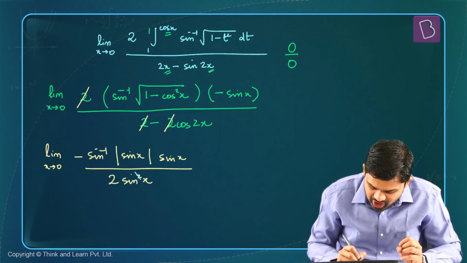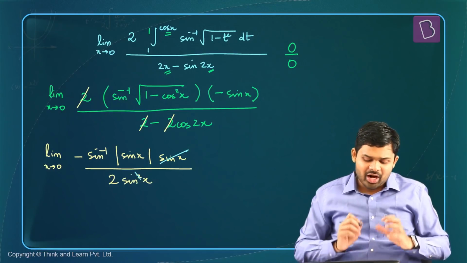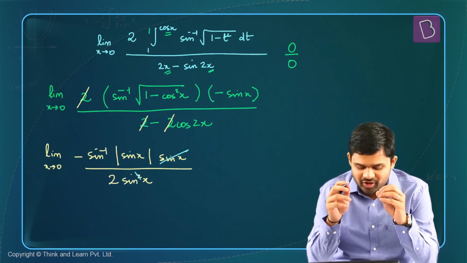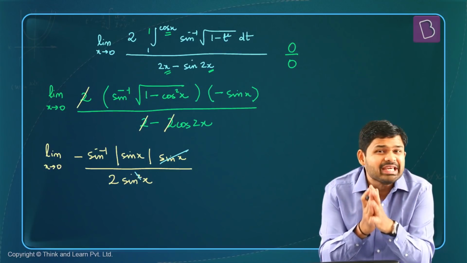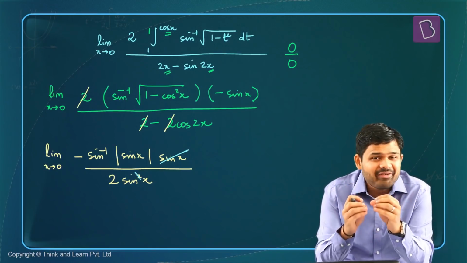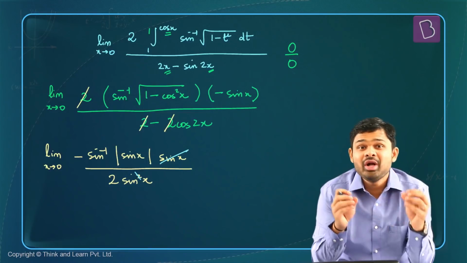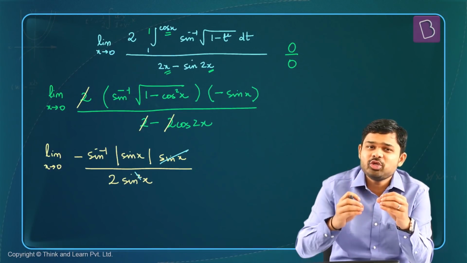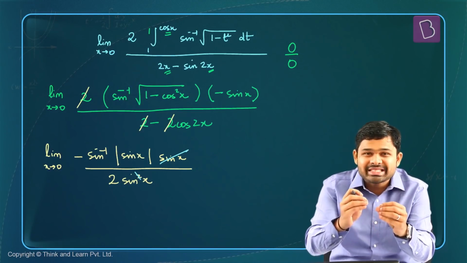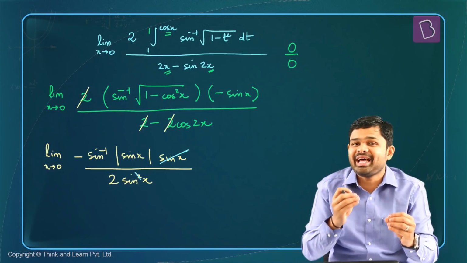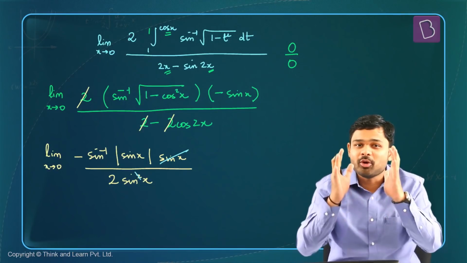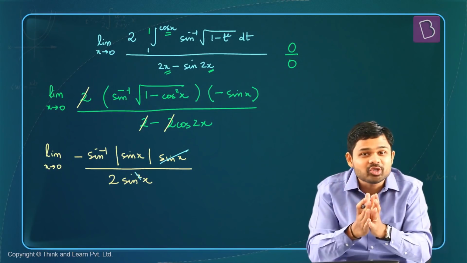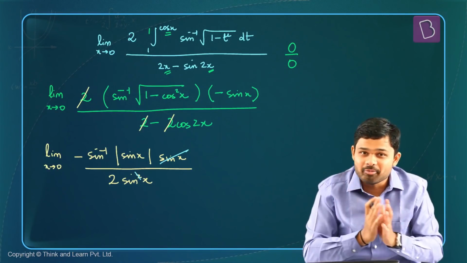Again, a lot of simplification is possible here. Now, what is sine inverse of mod sine x? Remember, x is a value which is very close to 0. So if x is a value which is very close to 0, sine x is also going to be a value very close to 0, slightly positive, slightly negative. It will be slightly more than 0 and slightly less than 0. Now, mod of sine x is always going to be slightly more than 0.